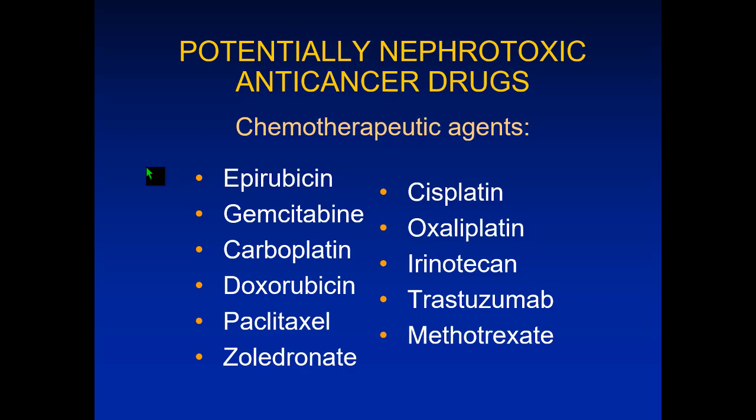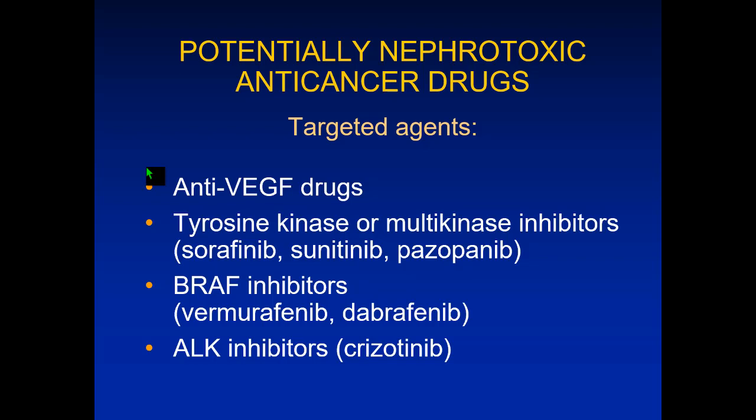Now, with regard to potentially nephrotoxic anticancer drugs, these include not only chemotherapeutic agents, some of which I've shown here, and as you can see, these are some of the most commonly used cancer agents. In addition, targeted agents can be nephrotoxic.